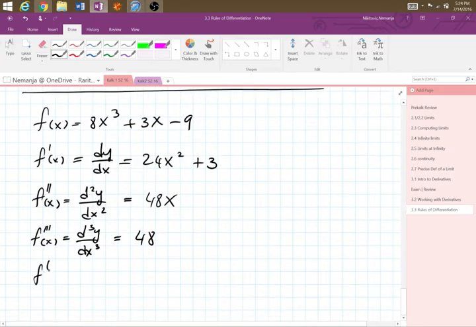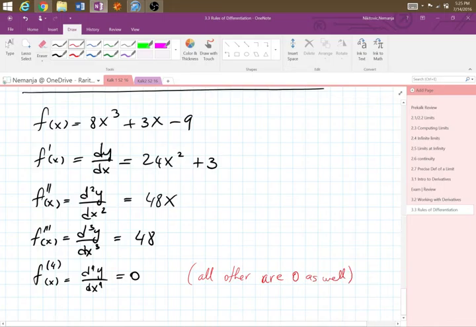The fourth derivative, remember now we're switching notation, is d4 y over dx 4, which is 0. And I'll put here in parentheses, all other derivatives are 0 as well.